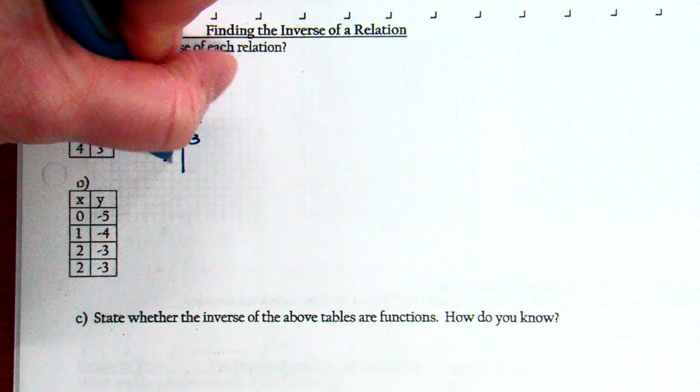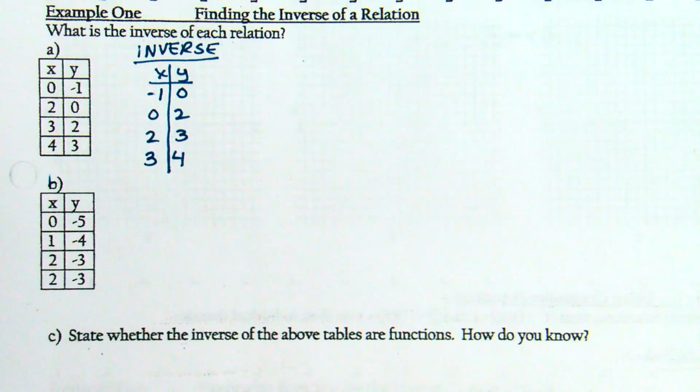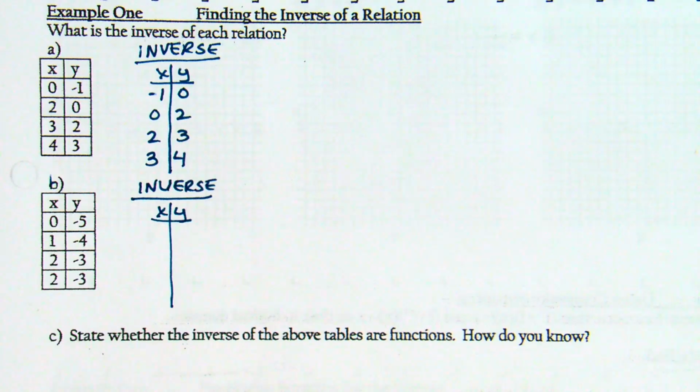Okay, I'm going to keep reminding you: to find the inverse, you flip x and y. If we're going to do something else with A, we'll come back to it here in a moment. Let's talk about B. Let's also practice with our inverse here. Okay.